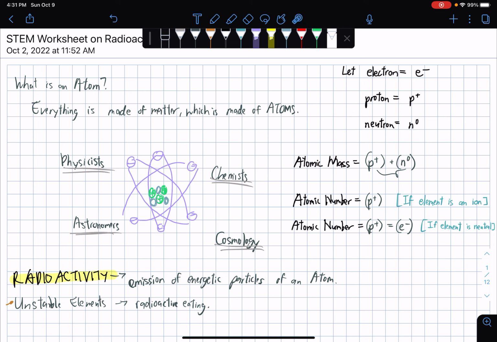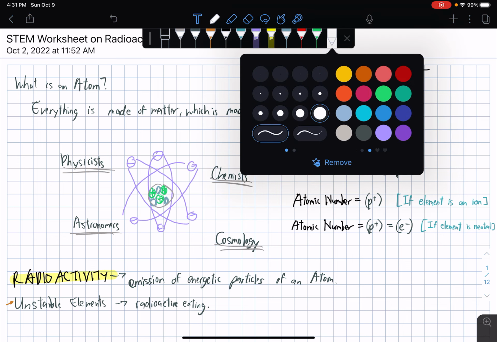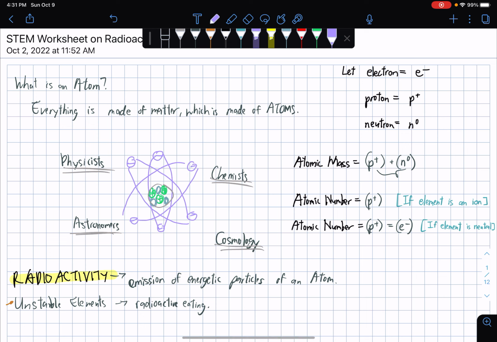So they basically make up the nucleus, and these violet particles are the electrons. Obviously, by the minus sign, you could already see that these particles are negatively charged. They have no mass. It's basically the perfect opposite of protons, particles that are positively charged.